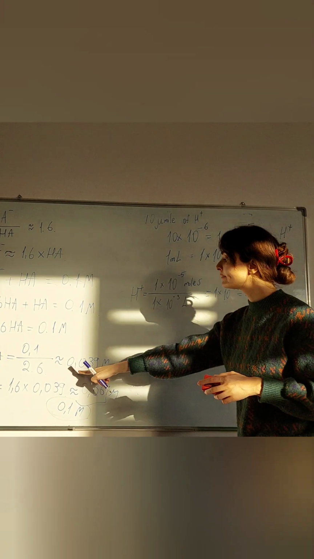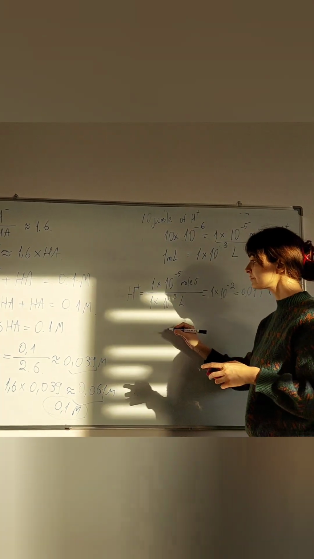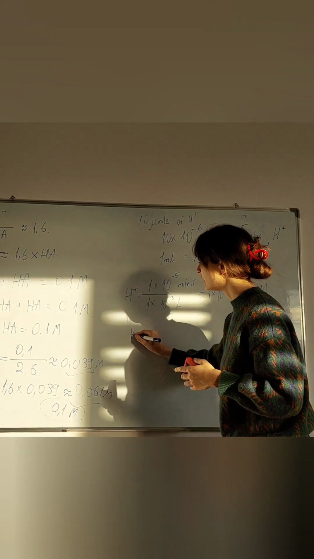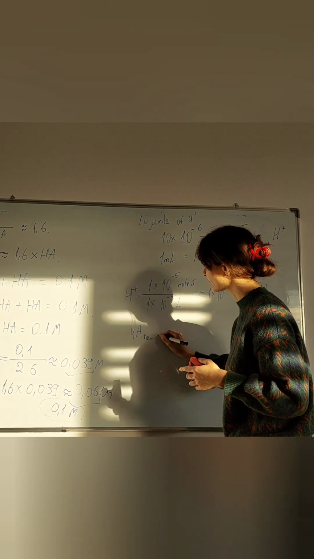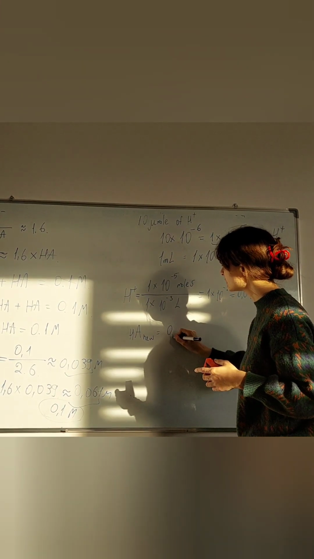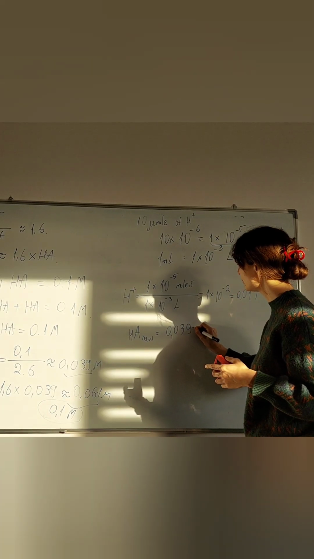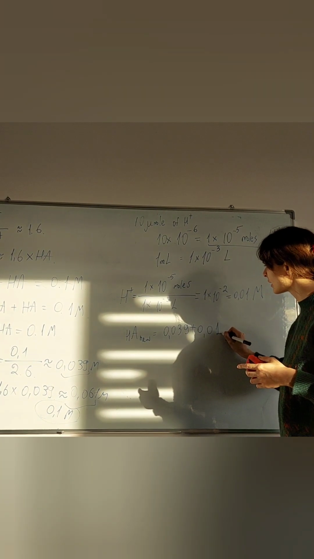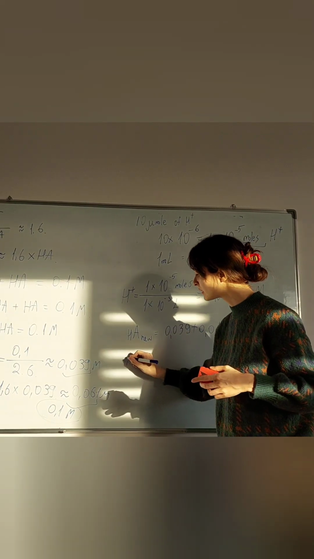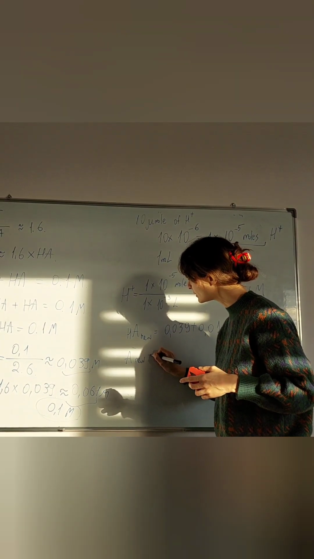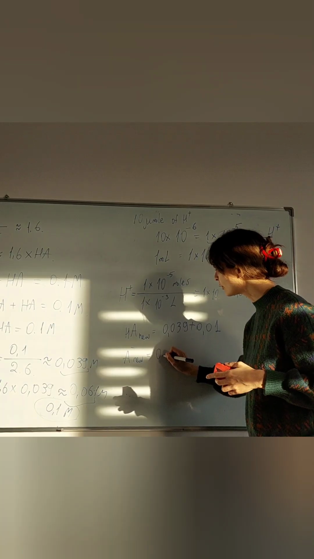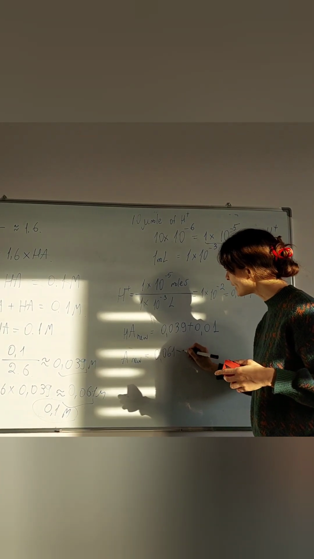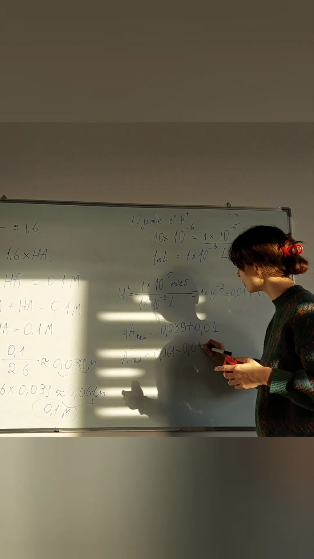So we have the original values of the acid, and the new acid will be 0.039 plus 0.01, and the new conjugate base will be 0.061 minus 0.01.